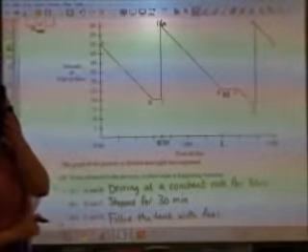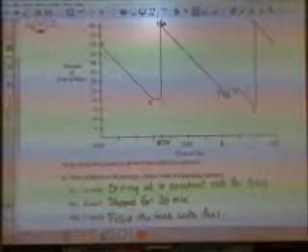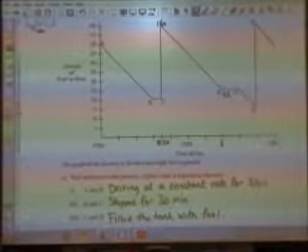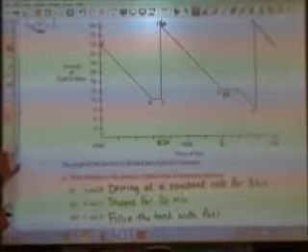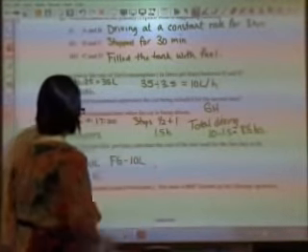And then from F to G, how much gas did we burn? 25 to 15, so F to G was 10.